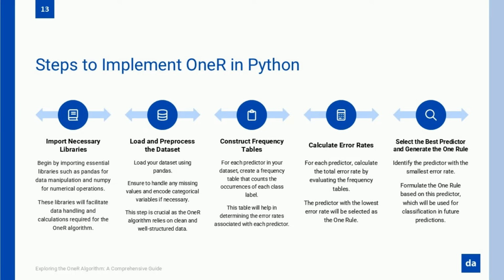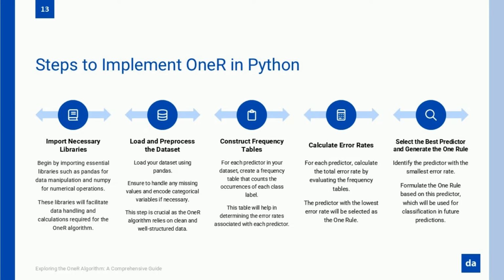After preprocessing, frequency tables are constructed for each predictor variable in relation to the target variable. These tables count the occurrences of each category and display how they correspond to different target outcomes. By examining these tables, the total error rate for each predictor is calculated. The predictor with the smallest total error is selected as the basis for the final rule.